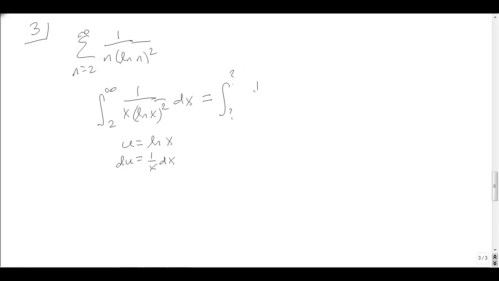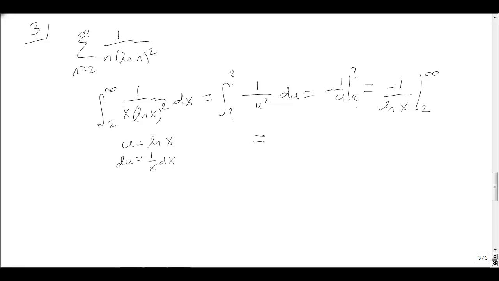We get 1 over natural log of x squared, that's 1 over u squared, and then the x I'm going to pull over with the dx to form du. So this is u to the negative 2, which gives us negative 1 over u, or u to the negative 1 over negative 1, evaluated from something to something. Then converting back to x's, negative 1 over natural log x from 2 to infinity.